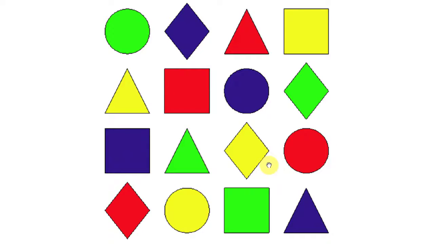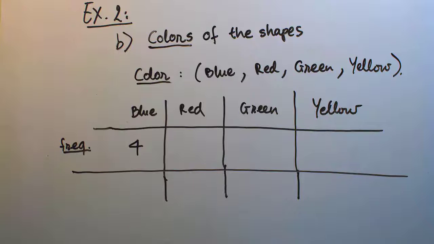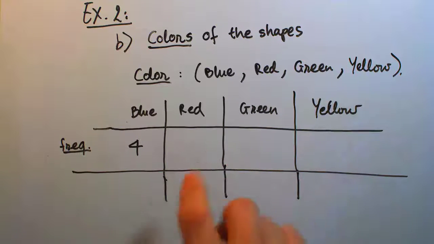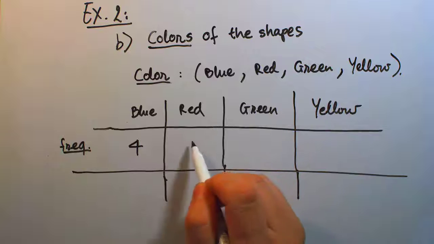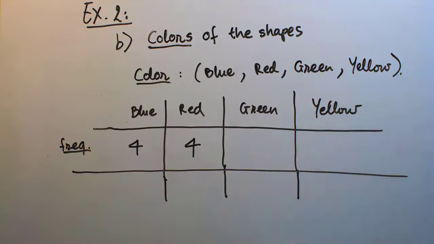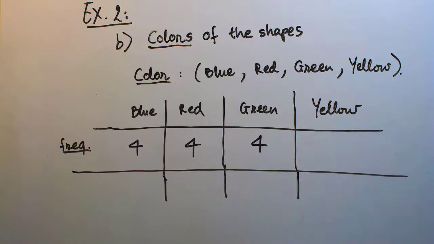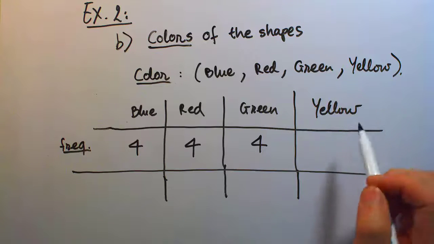I'm only looking for the color being blue. So I recognize there are 4 shapes having the color blue in my picture. And then there are 4 reds. There are also 4 greens, and there are 4 yellow.